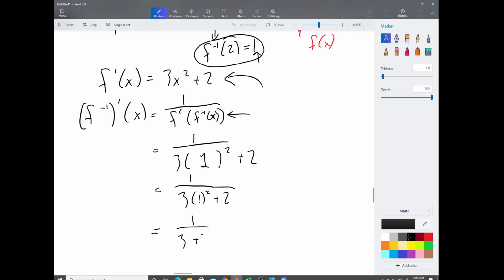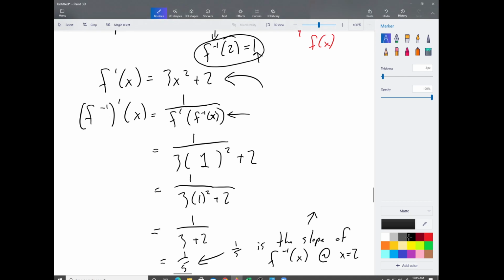Anyway, you do then need to simplify this out, and we get that 1 over 5 is the slope of your inverse function at x equals 2.